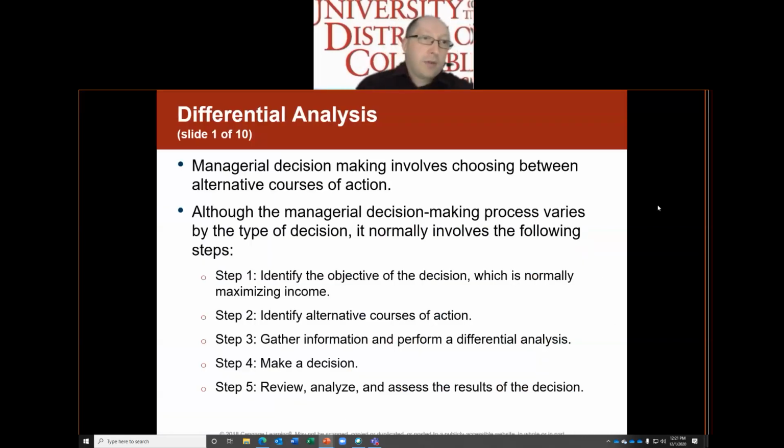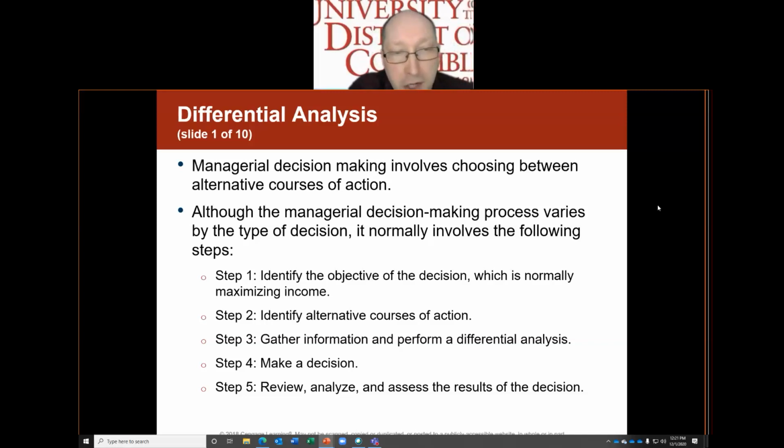Okay, differential analysis. In managerial accounting, in management in a general sense, we need to make decisions based off of alternative courses of action. We call this differential analysis.